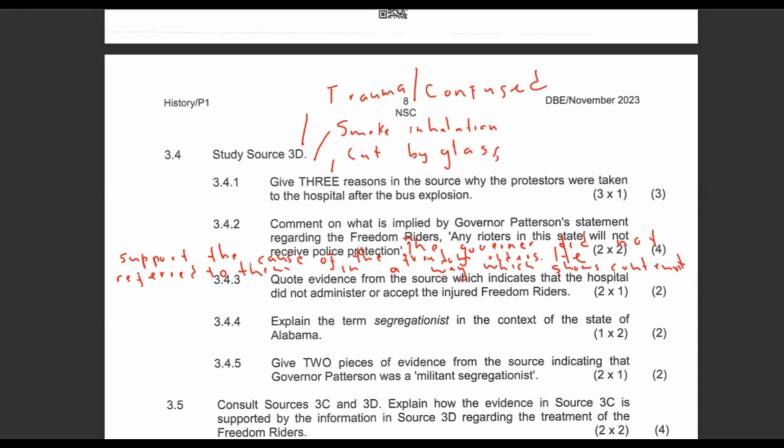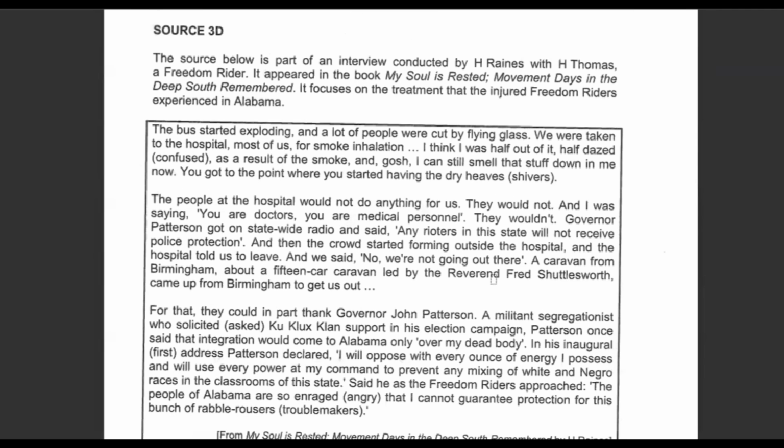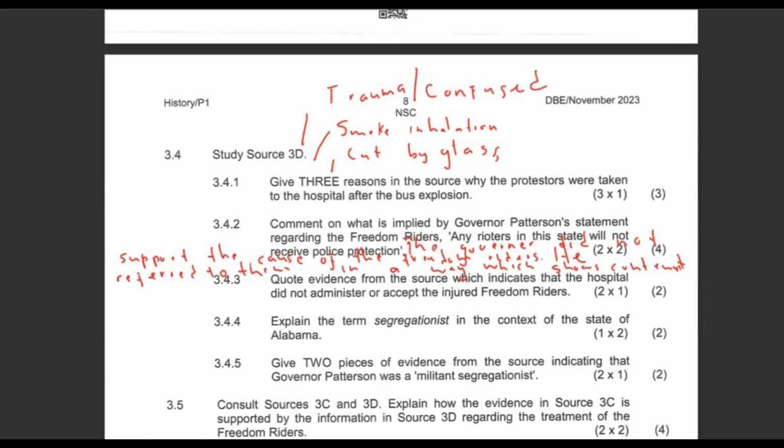If we go back to the evidence, you can actually see that there is a part: the people at the hospital did not do anything for us. That is the evidence which shows that they were not assisted at the hospital.